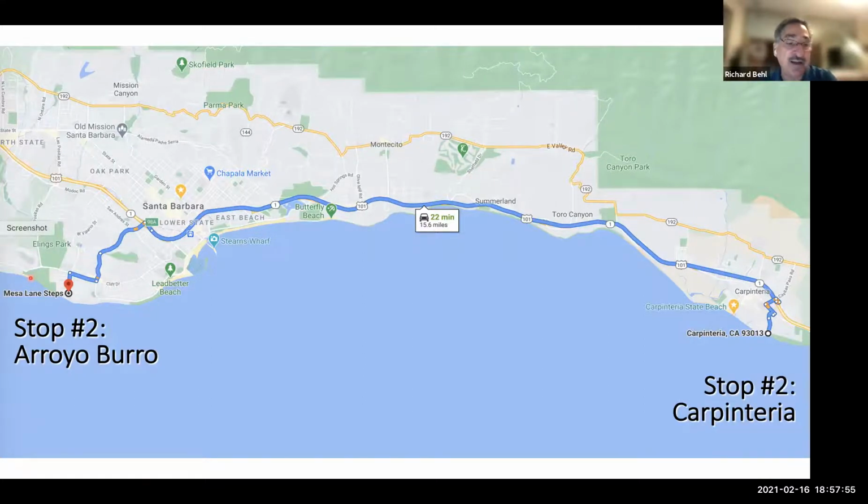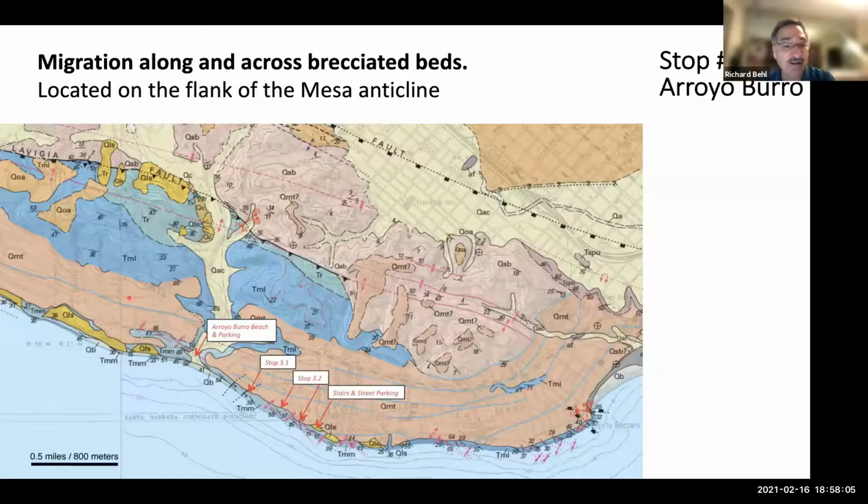Arroyo Burro Park is there to look at the Arroyo Burro section, which is just west of Santa Barbara. And here's a geologic map, USGS geologic map, and the exposure is along the coast here from the Mesa Lane stairs or steps to Arroyo Burro Beach and parking.